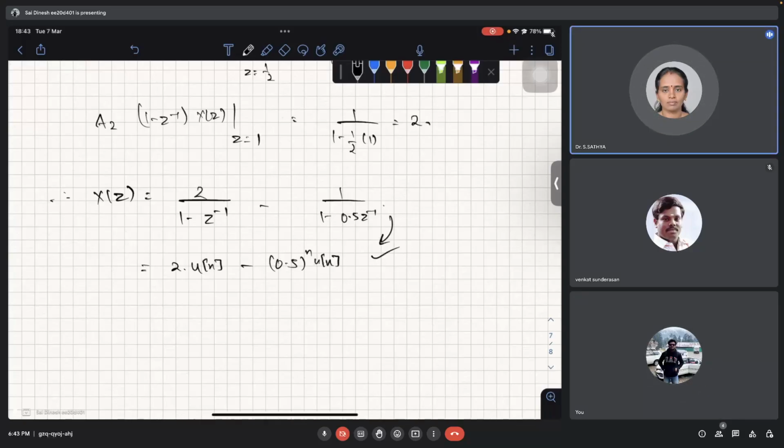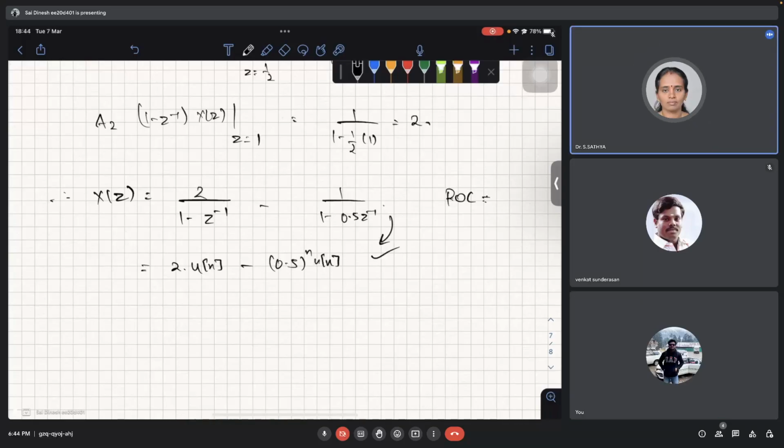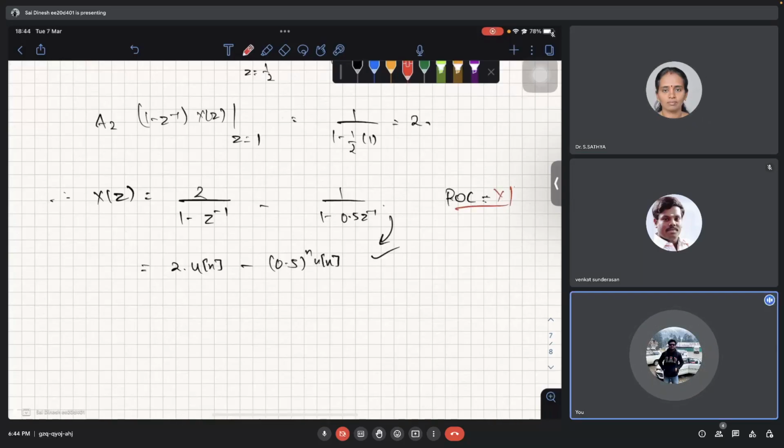The conversion is right, but can you say that this is the only solution? No, actually I haven't specified the ROC here. So this is not unique.